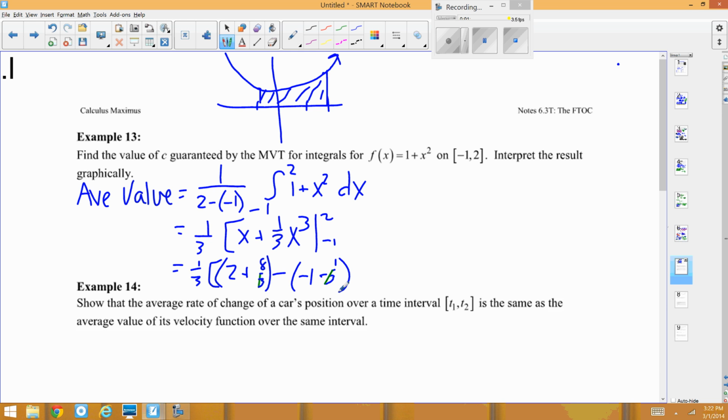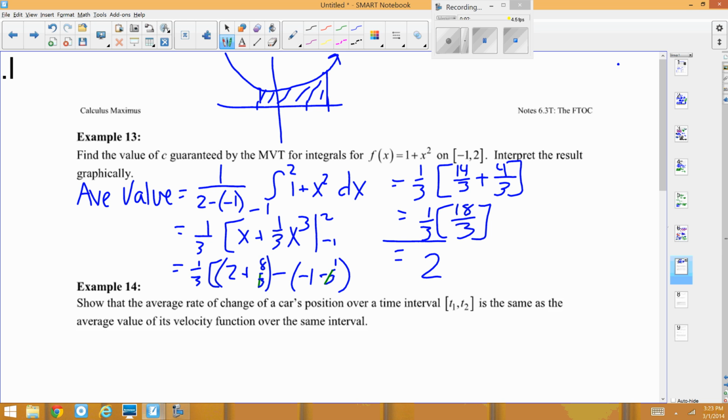So adding that up, 2 plus 8/3, that'd be 6/3 plus 8/3, 14/3, minus, and that's 1, so -4/3 plus 4/3... be 18/3. 1/3 times 18/3 equals... So 6, 1/3 of 6, which is just 2. All right, 2.